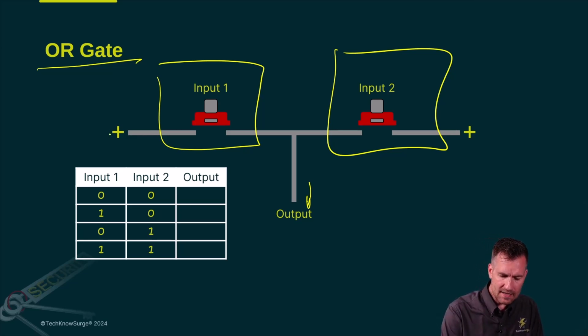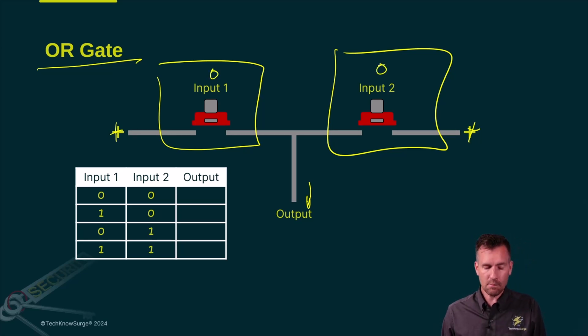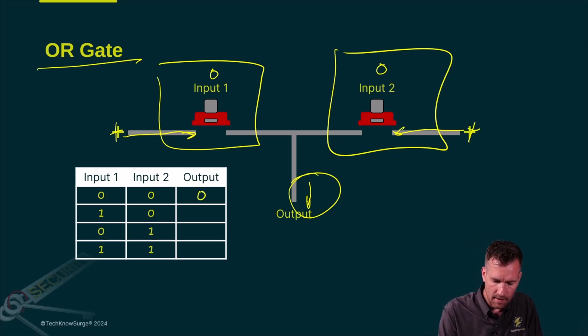There is power put to the circuit right here, so we've got a positive charge right here. And let's say we have a 0 and a 0 inputted into here, then no electricity can pass from this side or this side, and so we don't have any output right here. And so therefore we have an output of 0.